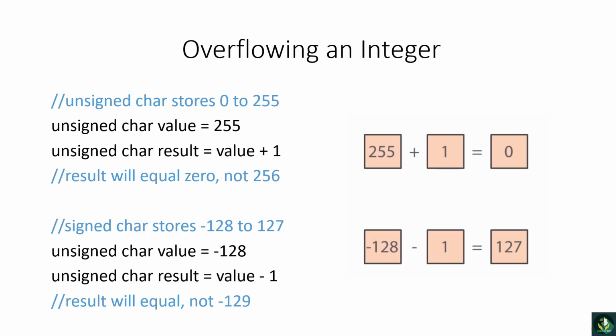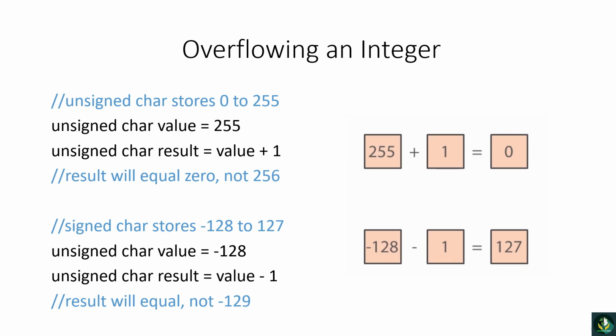The result will be 0, not 256, because the assignment of a value too large for the result variable to store causes an integer overflow. You can say the variable's odometer flips back to 0.